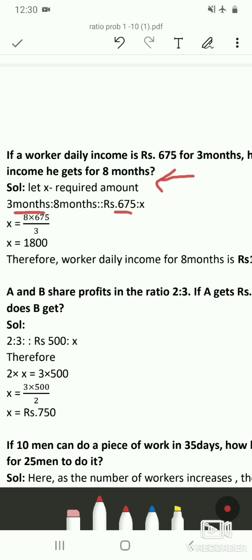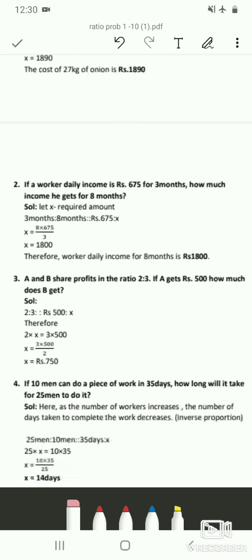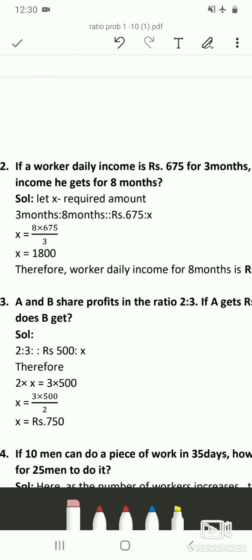So the next consequent part would be 8 months and the income has to be found out. So the next steps are similar to the first problem, that is taking the product of means and extremes and equating. So 3 into x is equal to 8 into rupees 675.